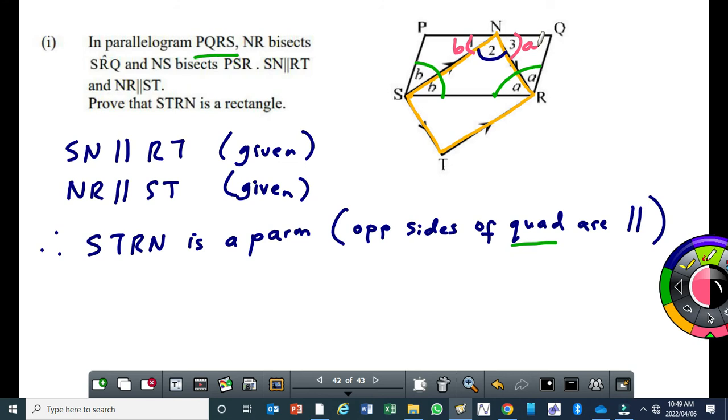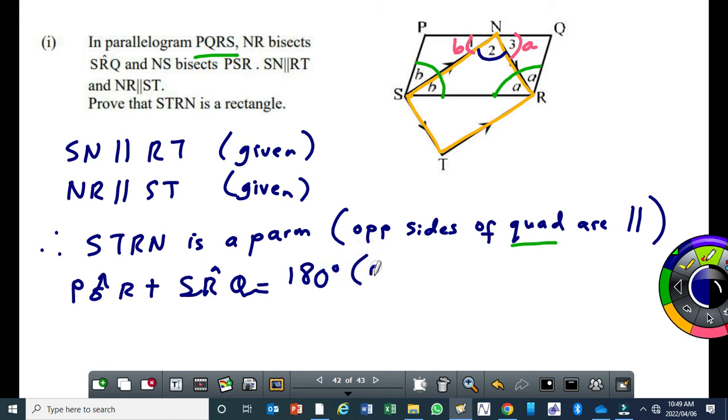So first thing, I'm going to say angle PSR plus angle SRQ is equal to 180 degrees.